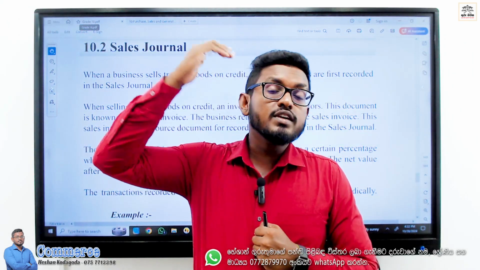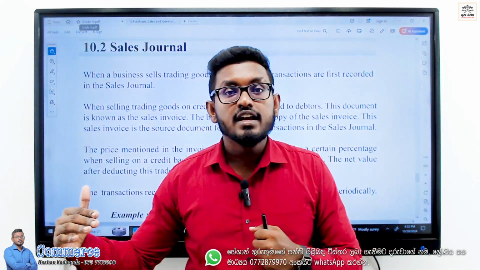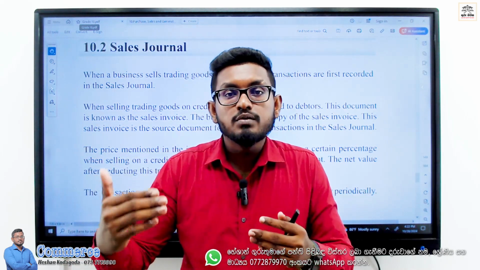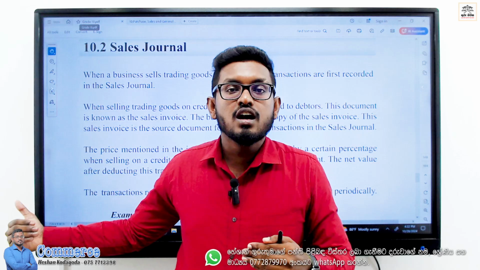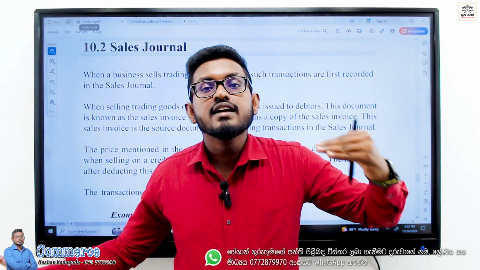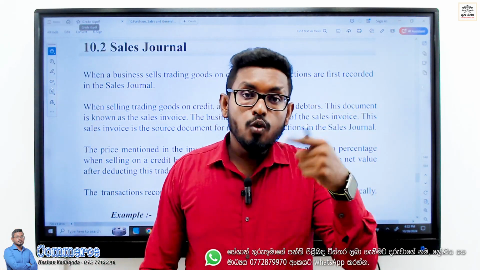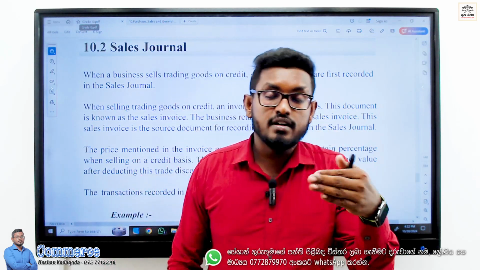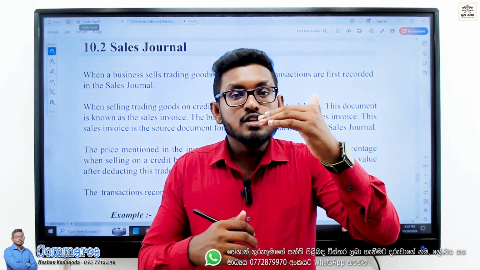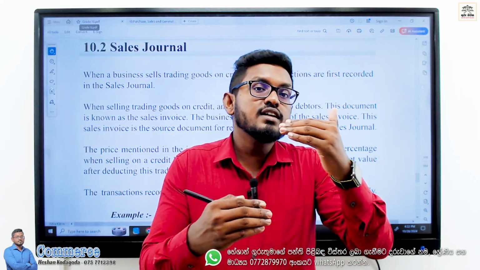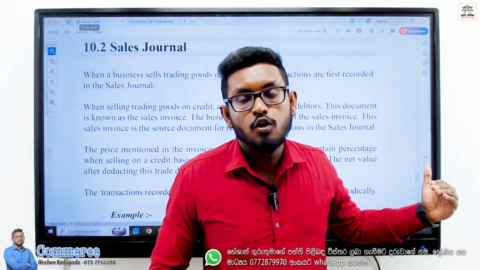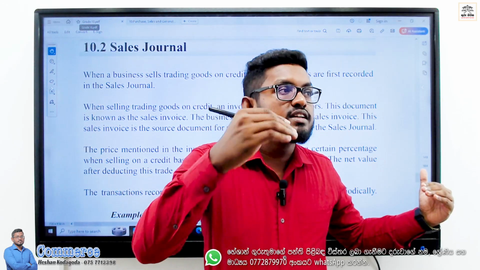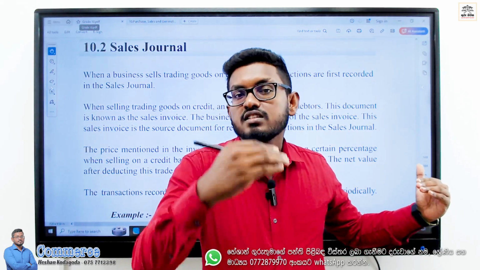At the end of the month, we get the total of the sales journal and credit it to the sales account, and we debit the relevant debtors account. Remember the purchase journal double entry: we debit the total of the purchase journal to the purchase account at the end of the month, and credit the relevant creditors account on the transaction date.